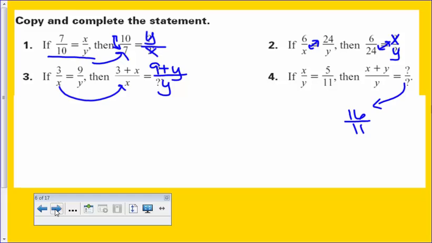And number 4, what we're doing from the first set to the second is adding the denominator. So to get 16, what I did was 11 plus 5 over 11 and just simplify that to 16 over 11 for your fill in the blank. Okay? So we are done with section 7.1.